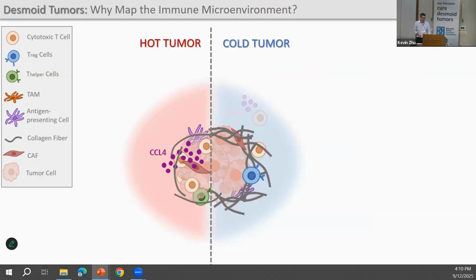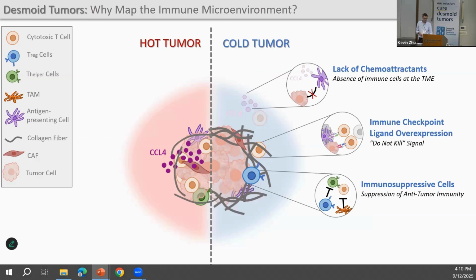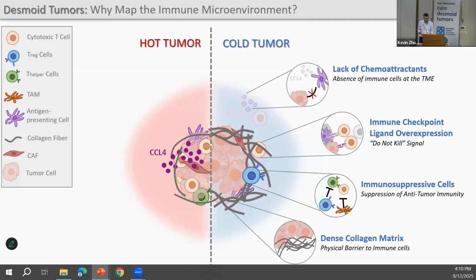As a reminder, Wnt signaling is associated in other types of cancers with an immune cold phenotype, due to lack of chemoattractants, presence of immune checkpoints, or presence of immune suppressive cells. But we also have a lot of interest in the matrix: desmoid tumors are collagen rich, so does this have an effect on the behavior of immune cells, on infiltration, for instance, of immune cells?